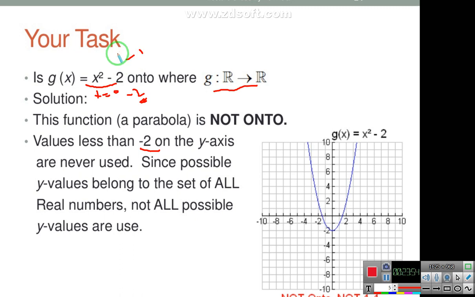If you put 2, 4 minus 2 will be 2. If you put 3, 9 minus 2 is 7. So again it's missing numbers. When they are missing numbers, it means that it's not an onto function. So it's a task, you can try it by yourself, but keep in mind it is for all real numbers.